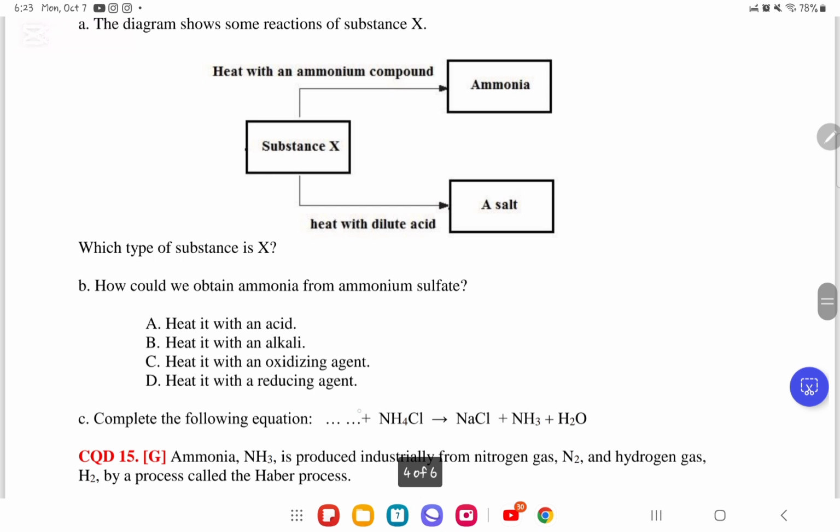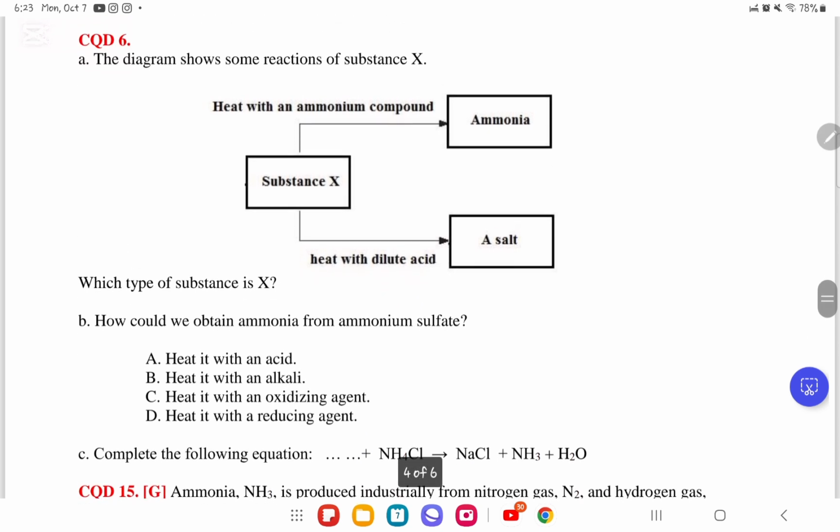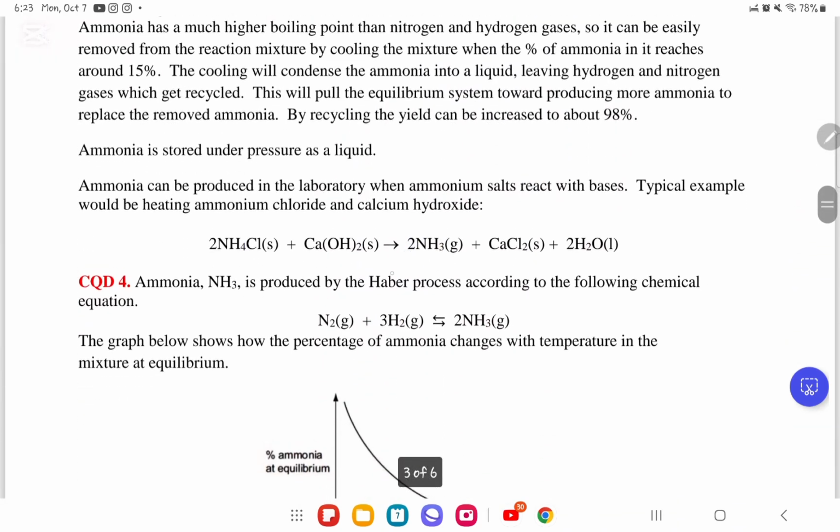CQD number 6. The diagram below shows some reactions of substance X, heat with ammonium compound, heat with dilute acid. What is this substance X? We have substance X. If you heat it with an ammonium compound, you will get ammonia. However, if you heat it with a dilute acid, you will get a salt. So let's go up and check. Over here, look.